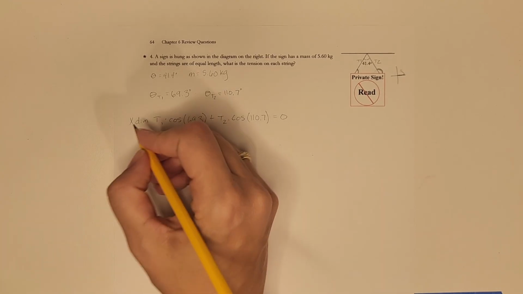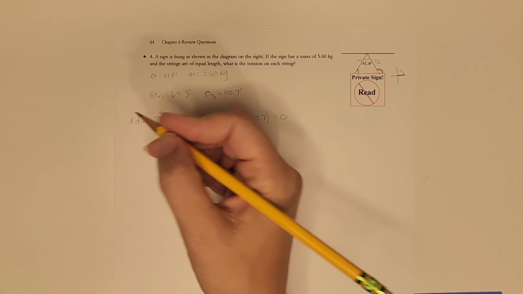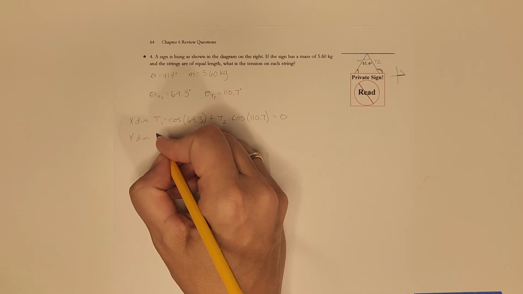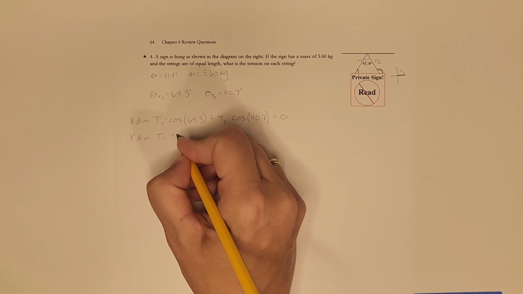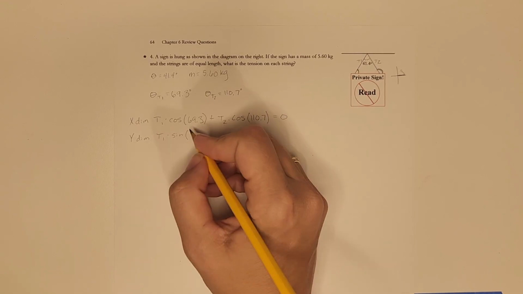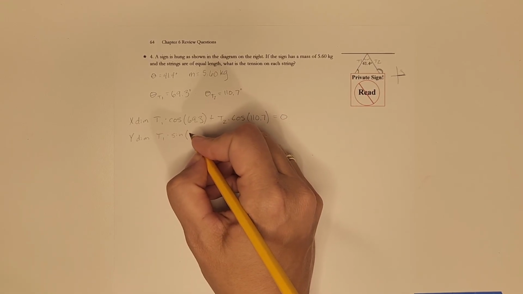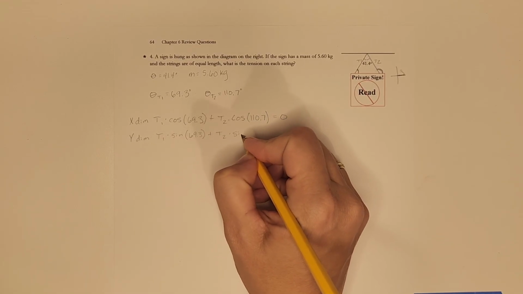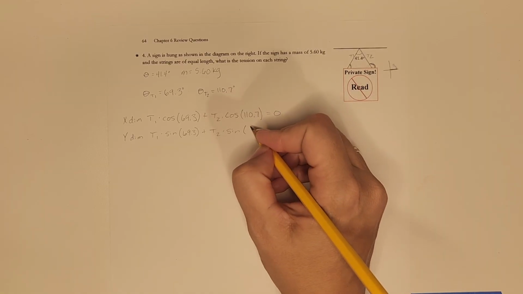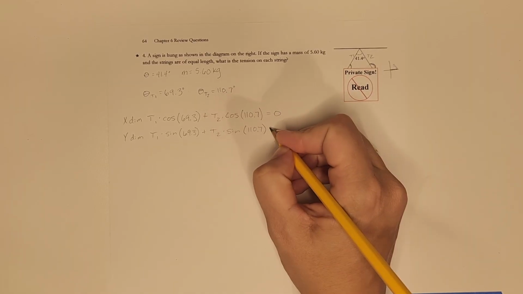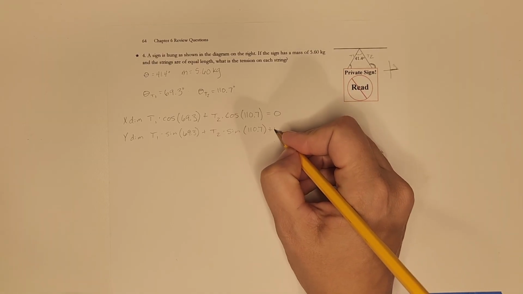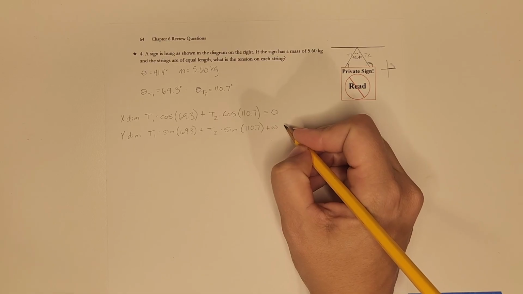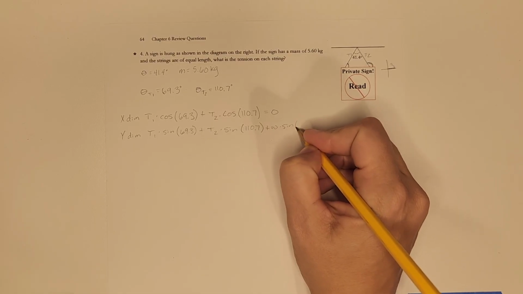And then my y dimension equation is basically the same thing, except we're using sine. So we have T1 times the sine of 69.3 plus T2 times the sine of 110.7 plus, and here we are going to go ahead and write that last part, the weight times the sine of 270.